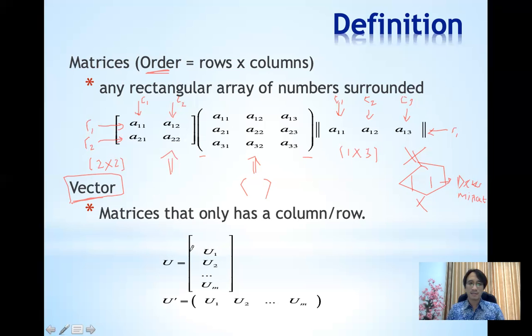This is an example of a vector: we have many rows with only one column. On the other hand, here we have one row with several columns. Both of them are called vectors because they only have one column or one row.